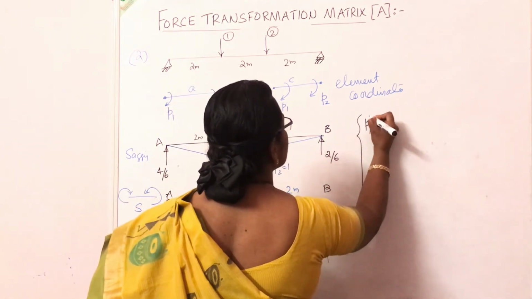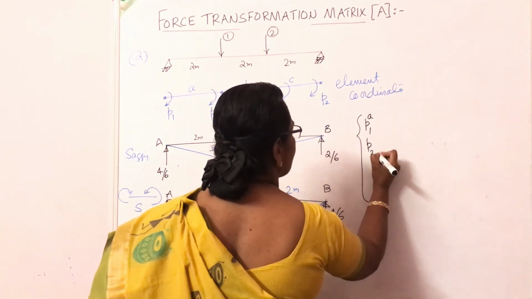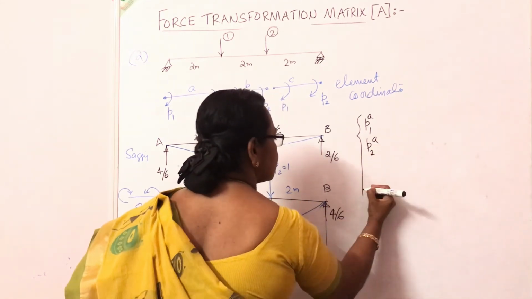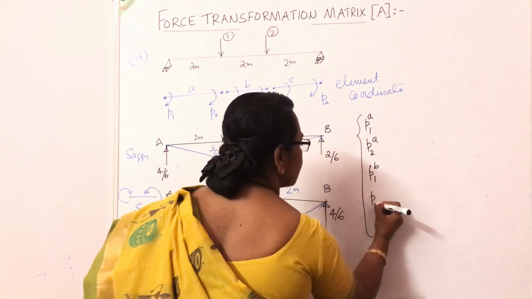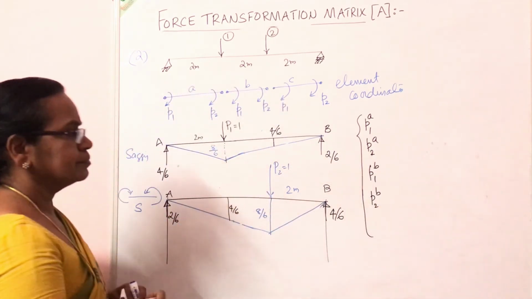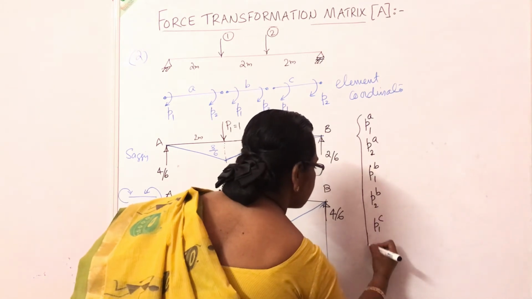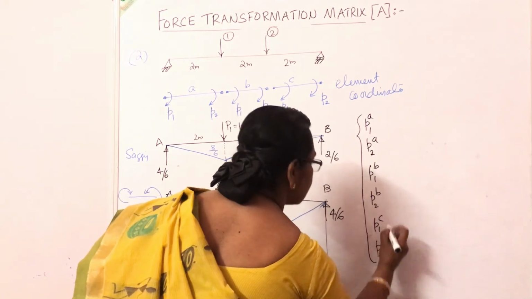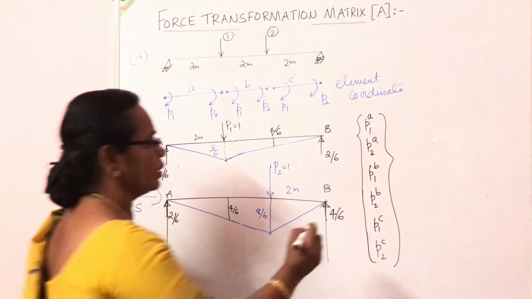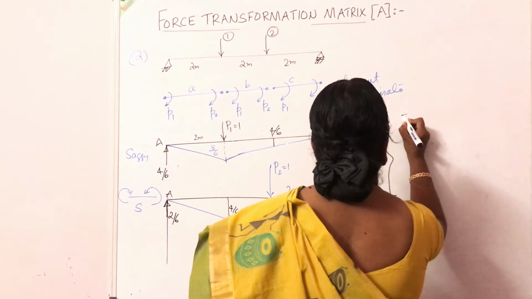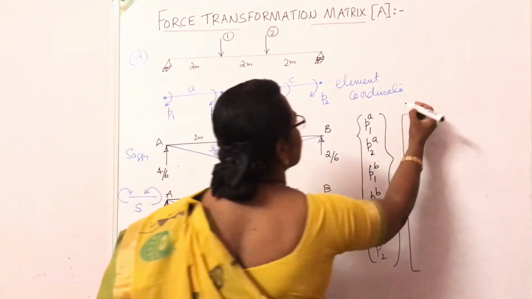We have 3 elements here. P1 of A, P2 of A. Then P1 of B, P2 of B. Then P1 of C and P2 of C. The bending moment at the 2 ends of the elements is equal to, by giving P1 is equal to 1, you write down what are the values.